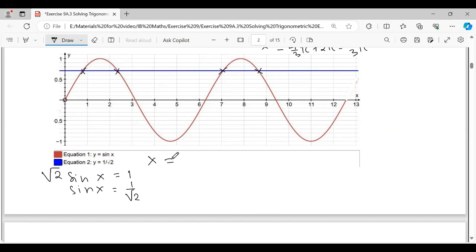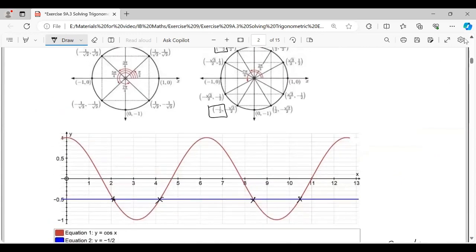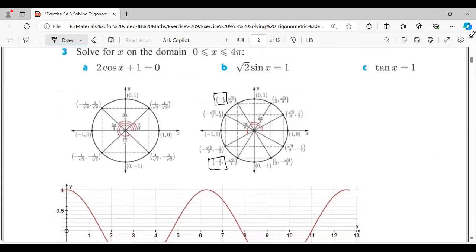Sine x equals 1 over 2, this one. No, positive 1 over 2, this one. After that, this one.